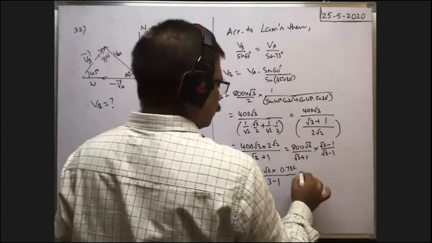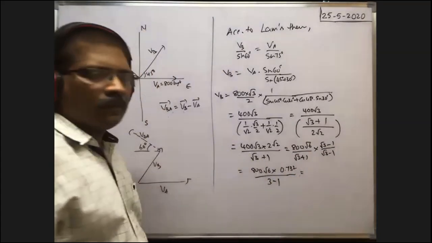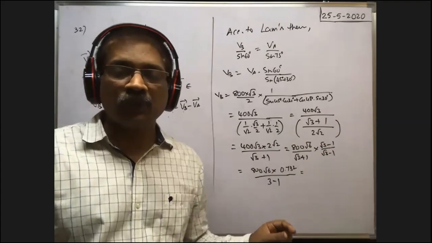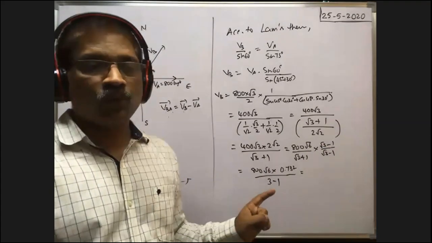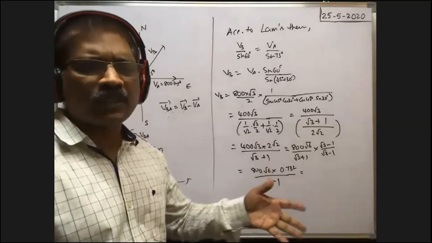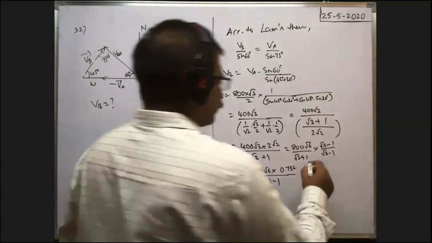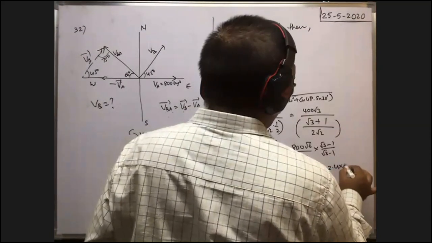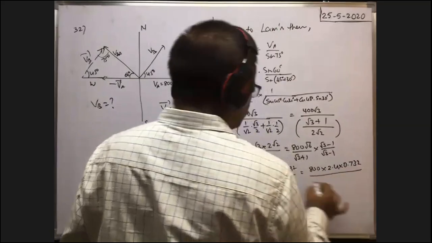This is equal to root 6, whose value is approximately 2.4 something. 25 are 625, but it is 6 only, that's why you take 2.4 something. So 800 into root 6, approximately 2.4, into 0.732 by 2.